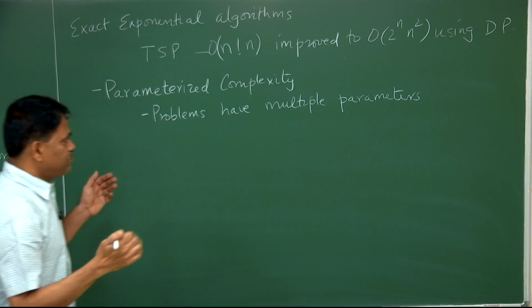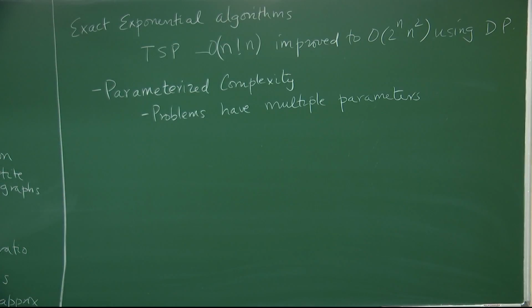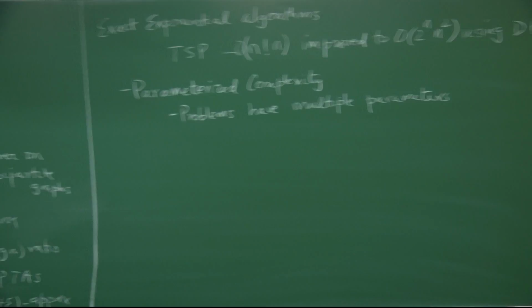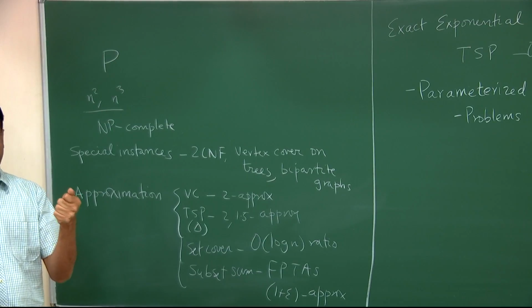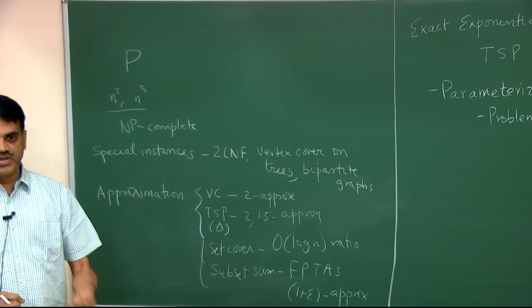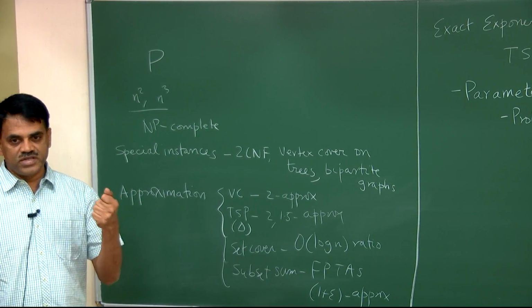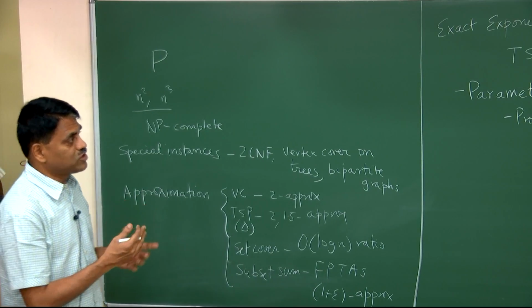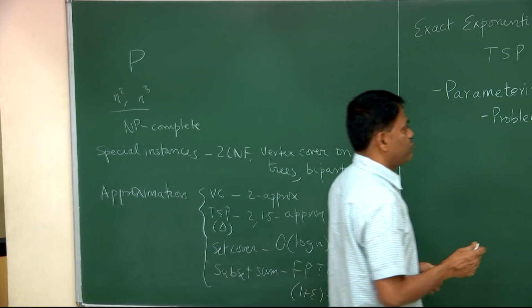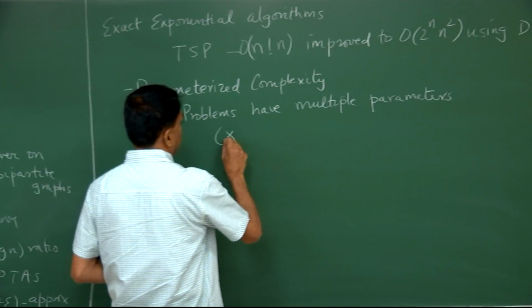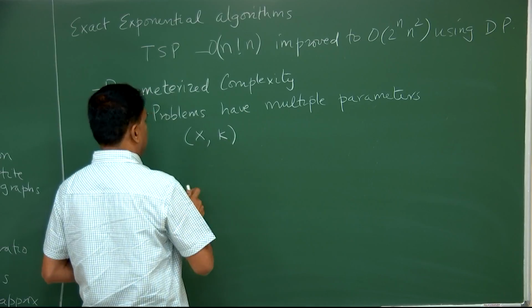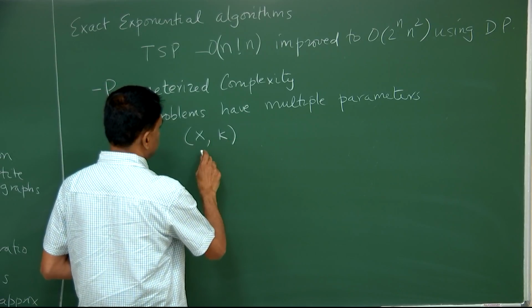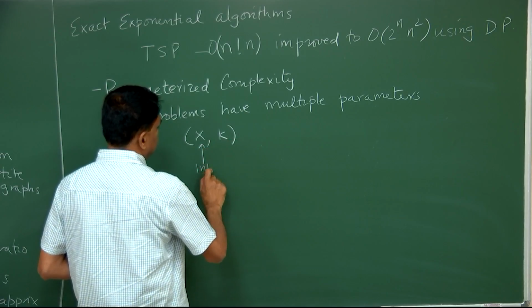right. Now, take any typical problem. So far our approach has been to look at the input size as the important parameter, and our algorithm's running time was measured as a function of the input size, polynomial in the input size, exponential in the input size. But now this area of parameterized complexity says my inputs come with an associated parameter.